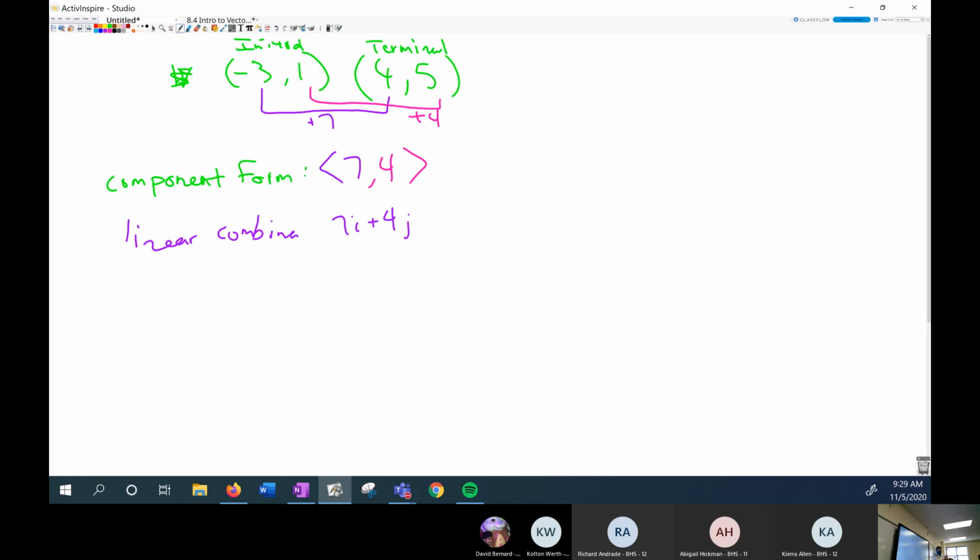No spaces, no commas, no angle brackets, nothing. So again, you either have angle brackets and a comma, or you have i's and j's with no angle brackets and commas, but you need to have a plus or minus in between there. This one, space between the comma and the 4. This one, no spaces anywhere. Best way to have it in there.